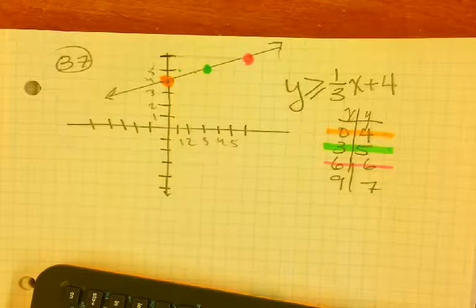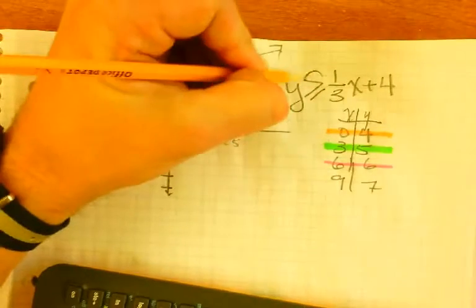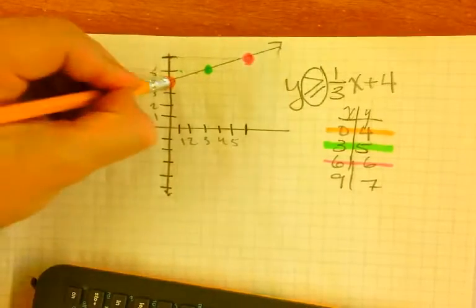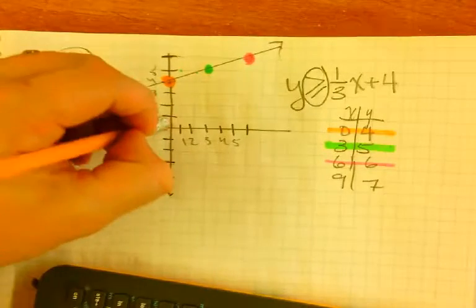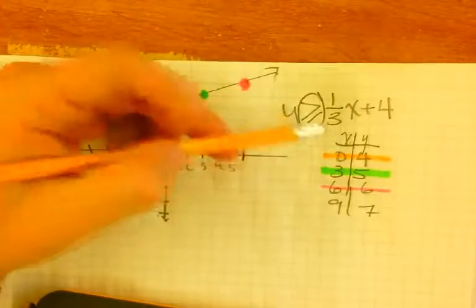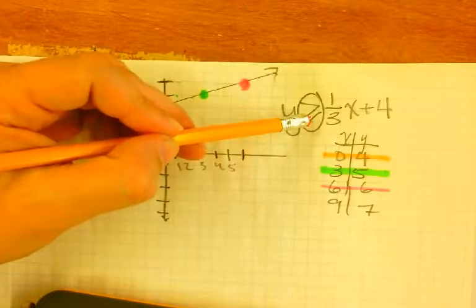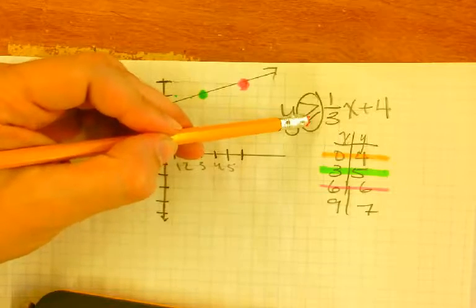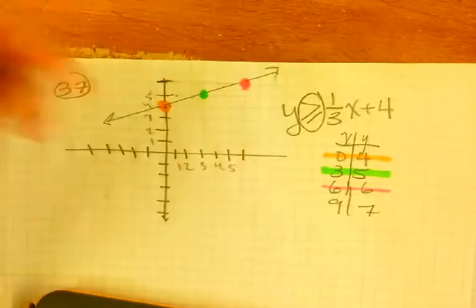All right, Mr. Abel, my equation has this symbol, which means greater than or equal to. So should I be shading numbers that are bigger than 4 or smaller than 4? Bigger than 4, very good.